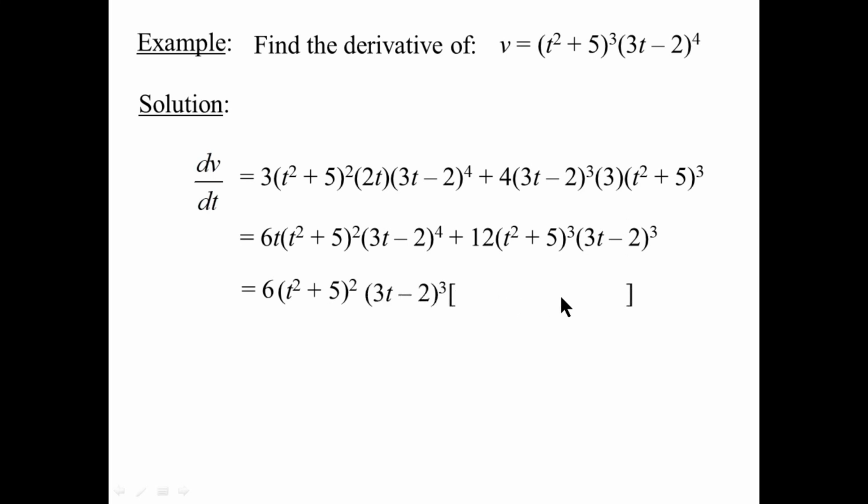And that will leave something in square brackets. What it will leave will be the residue, stuff left over when we've removed (t squared plus 5) squared and (3t minus 2) cubed out of this, and remove the 6 as well. That will be in the square brackets, and the residue from this term as well.